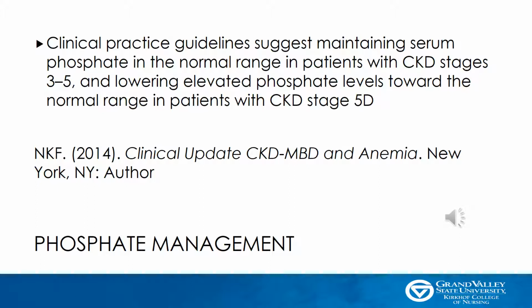There are several risks and limitations associated with phosphate binder treatments, and you should be aware of these. So, for example, aluminum binders are known to cause aluminum toxicity. Calcium salts, including carbonate and acetate salts, are used frequently, but evidence suggests that the chronic use of these high doses is associated with vascular calcifications.